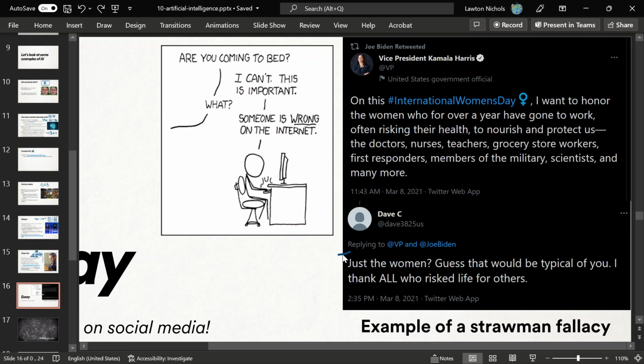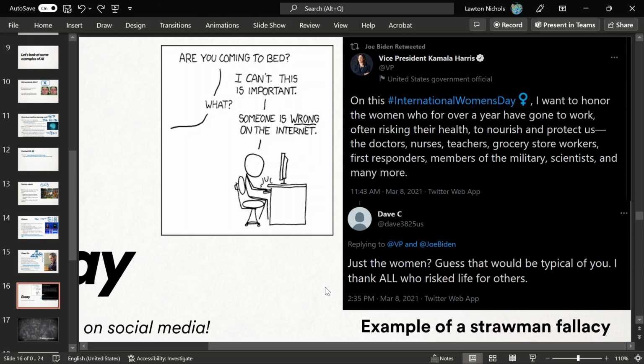But what she wasn't saying was, go women and I hate men or something. Right? Those are the words that this person is trying to put into her mouth. That's the idea, and that's what a straw man fallacy is: trying to put words in somebody's mouth, or trying to frame their argument as something that was not really their argument.